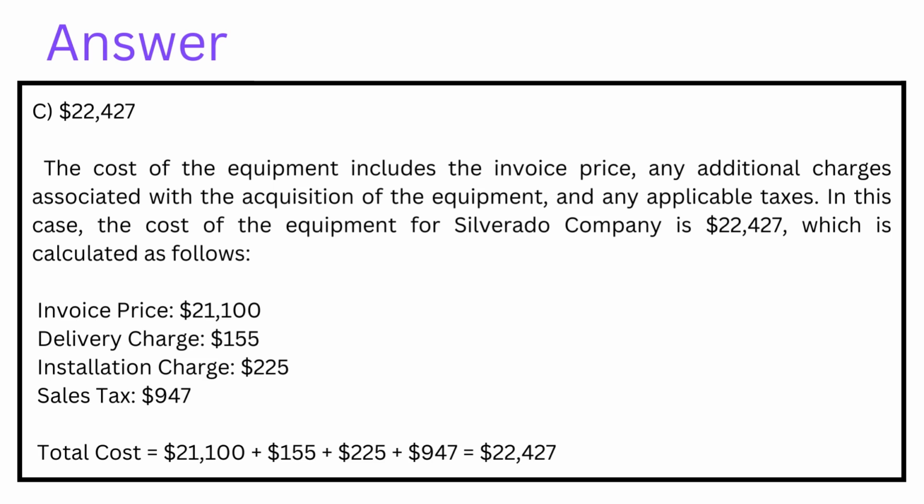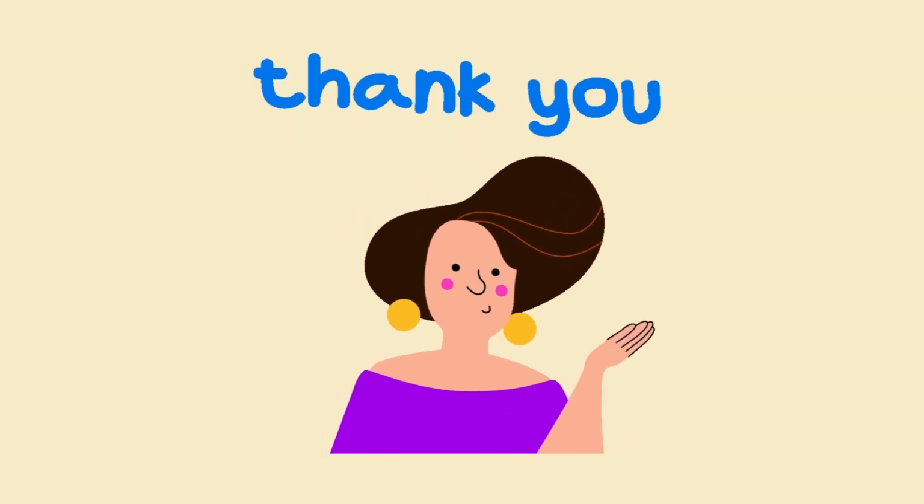Total cost equals $21,100 plus $155 plus $225 plus $947 equals $22,427. So that was our question and answer.